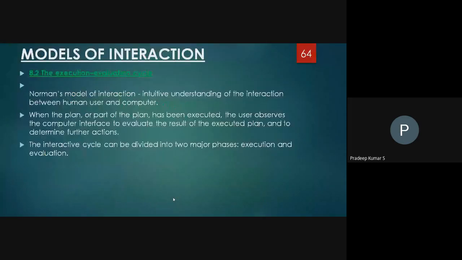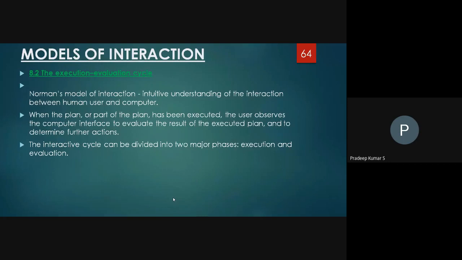Now we have to discuss the normal execution evaluation cycle, which is about understanding the interaction. The user wants to understand the interaction. That is the normal execution cycle.